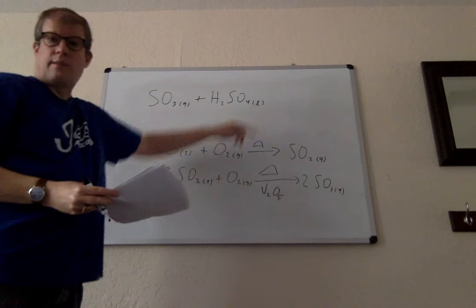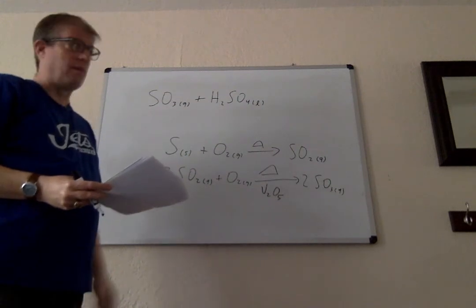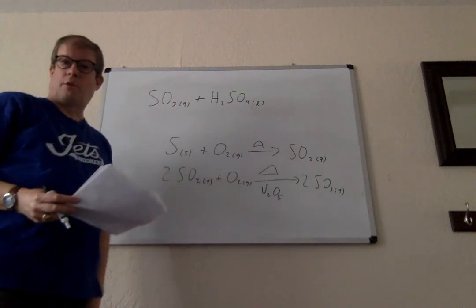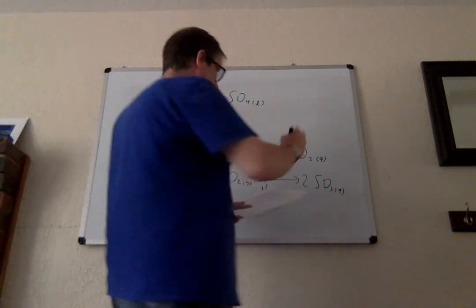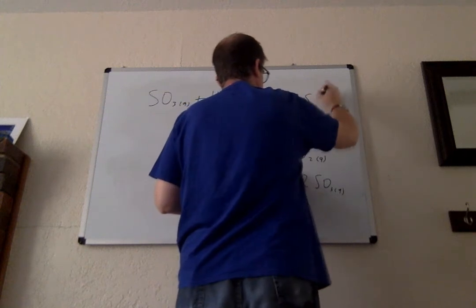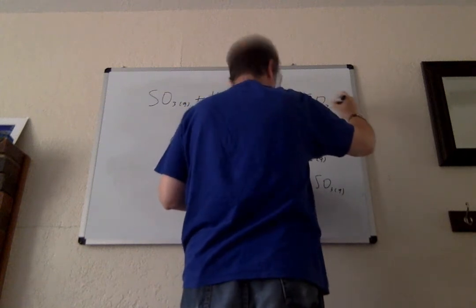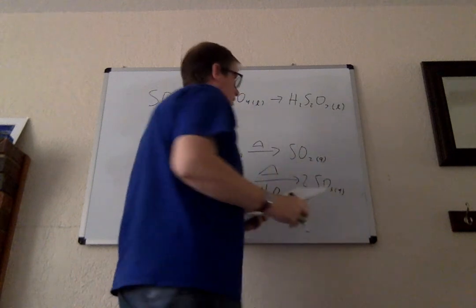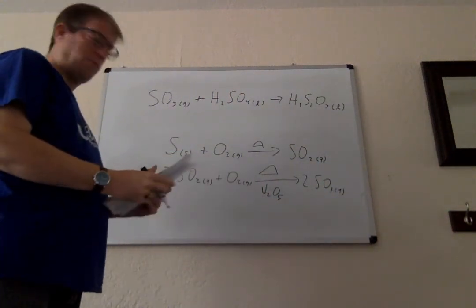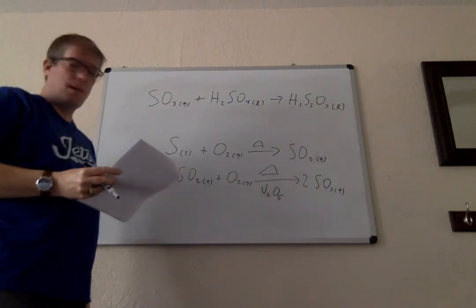Notice it's liquid. It's a viscous, colorless liquid. It's not the aqueous form. So here's one of those cases where that subscript there is quite important. And that generates this stuff. It's pyrosulfuric acid is the name.